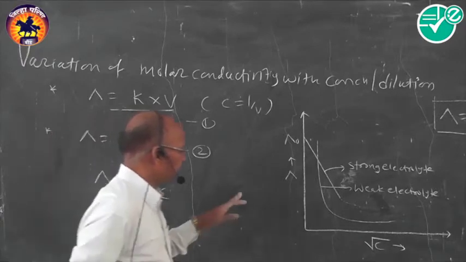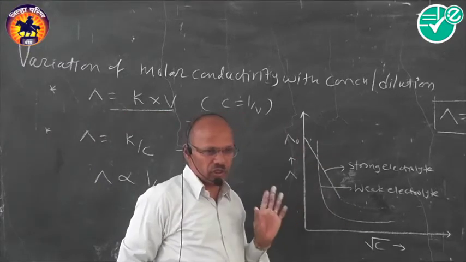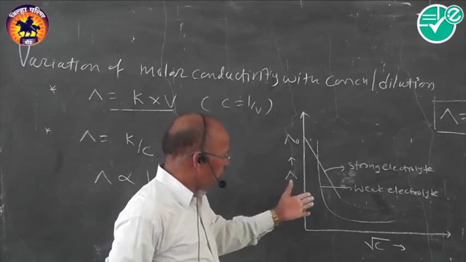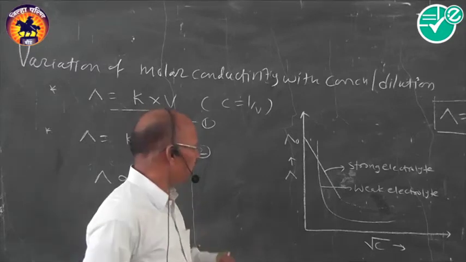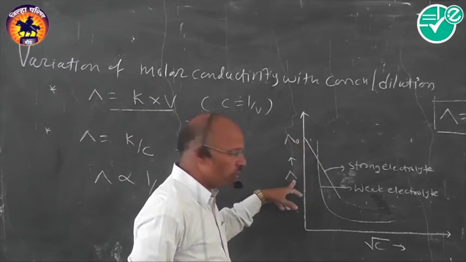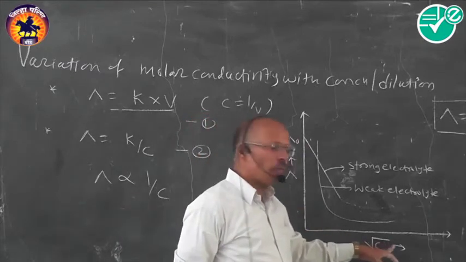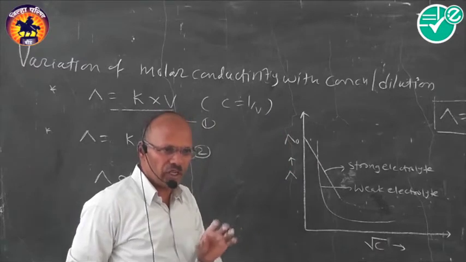Okay, excellent. Now, follow this graph. Check the graph. If you observe this graph carefully, what do you observe? This is the molar conductivity, and this is the root of concentration. These two terms are there. How does it vary?